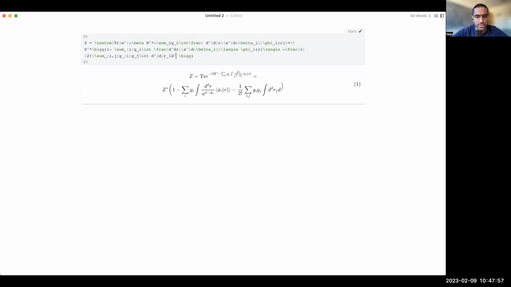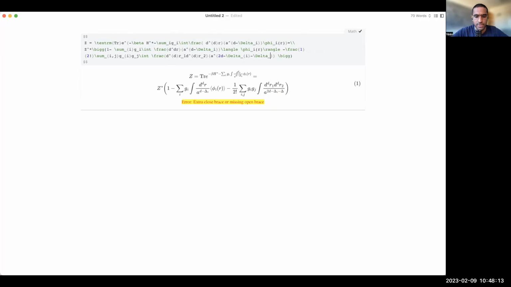So here we have two integrals, and again, all of these are rendered dimensionless through the careful rescaling by the cutoff dependent terms. And here we have the 2-point function.